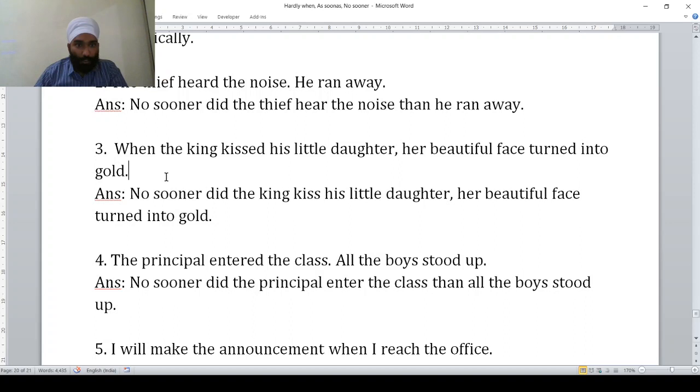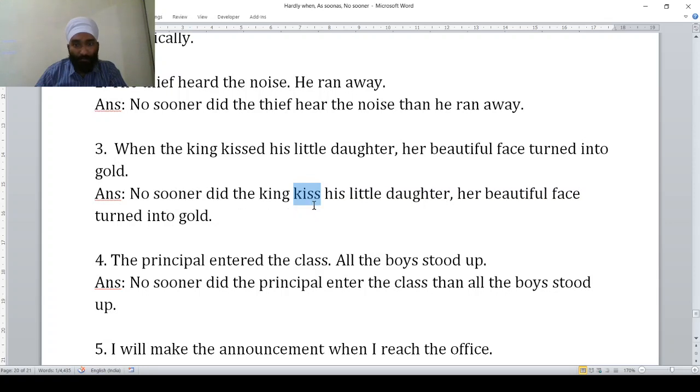So we are going to join this sentence with the help of no sooner than. How to join? No sooner. Now see here, the ed form kissed is there and no perfect helping verb is there. This is why this is V2, meaning simple past tense. So this is why we have used did here. No sooner did the king kiss. Now kissed becomes kiss because we have used did here.